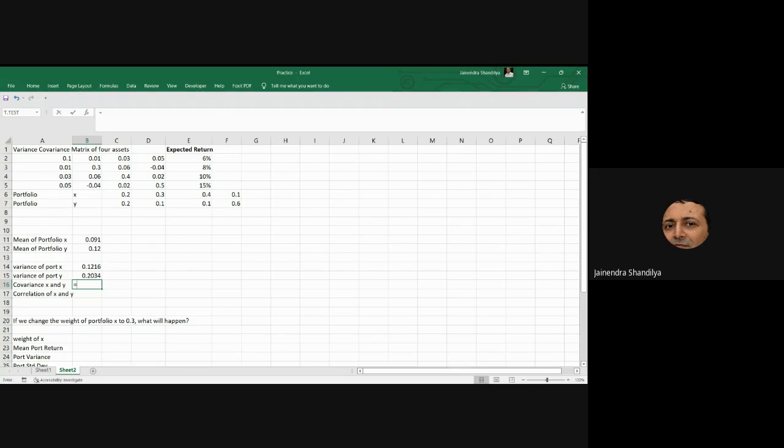So again, we will use matrix multiplication, because we're going to multiply two arrays of matrix. One is this, and then this is the variance-covariance matrix, which will take 4 into 4. We'll close this bracket because this will give one multiplication, and then we'll multiply this with the transpose of the other one.